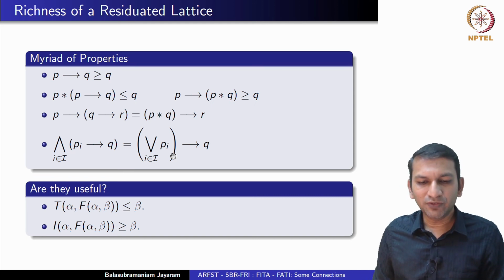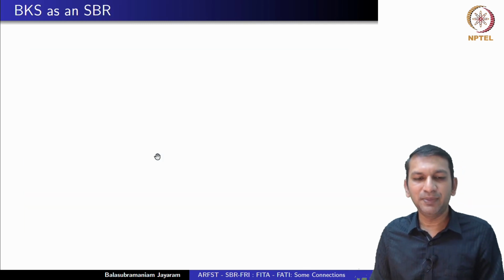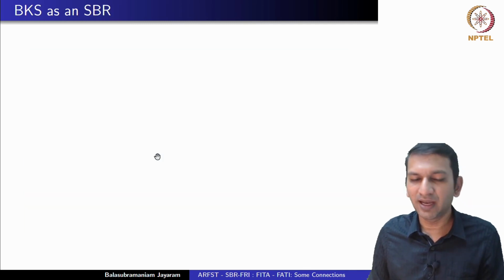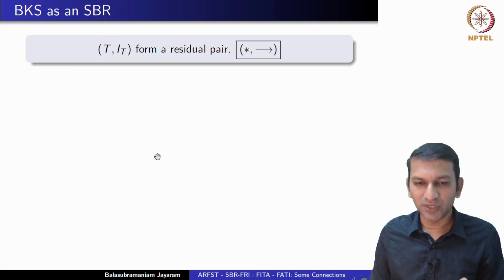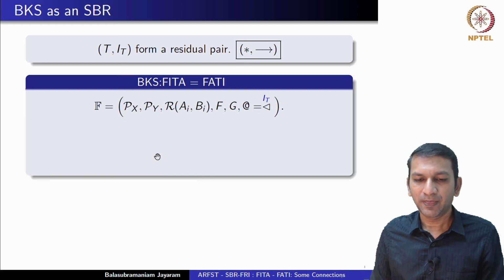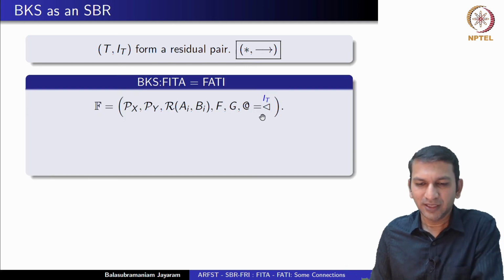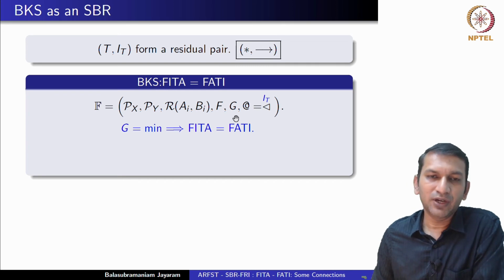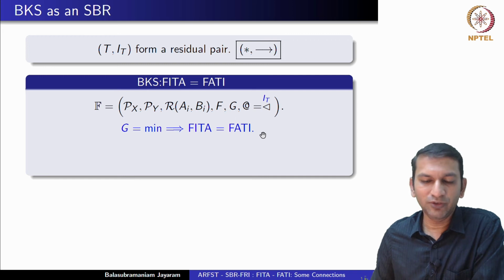Well, we'll make use of the third and fourth properties in showing that BKS can also be seen as an SBR. Once again, we are in the realms of residuated lattices. We have seen that for a BKS, when G is min, that if you aggregate all the relations using the min operation, then theta is equal to FATI.